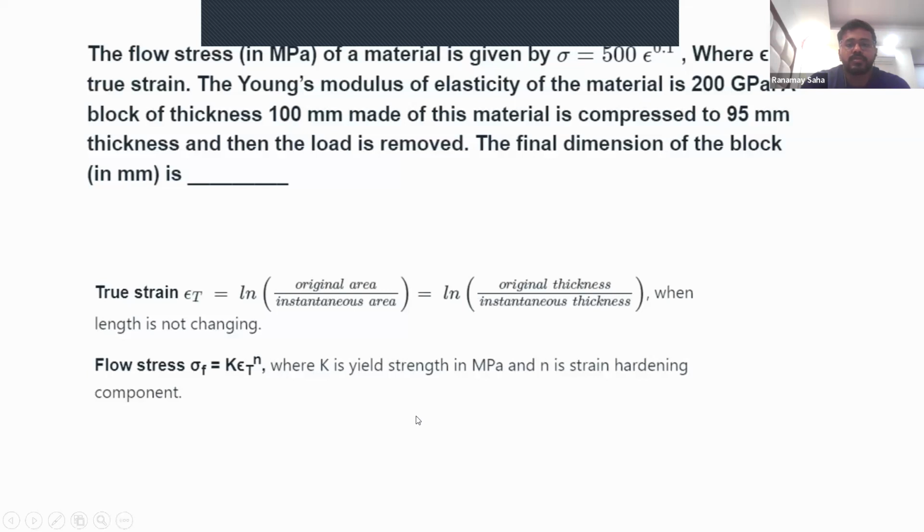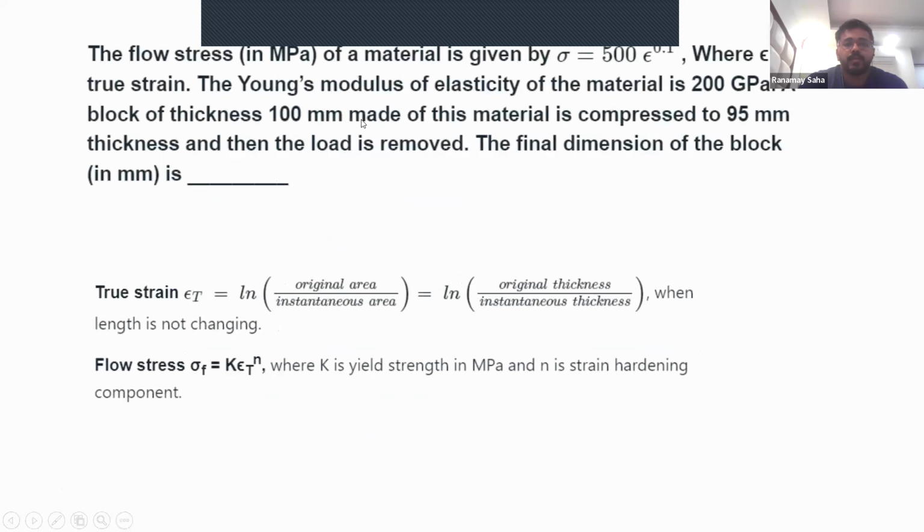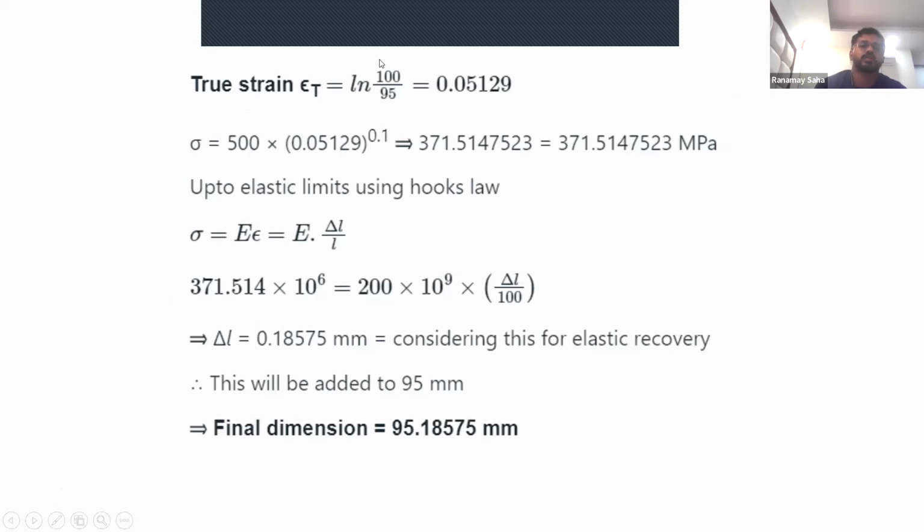If you know these things, then you can find the final dimension through this procedure. Your true strain is again the natural logarithm of your initial to final thickness. The block was compressed from 100 to 95 mm, so your initial thickness was 100 and your final thickness was 95.